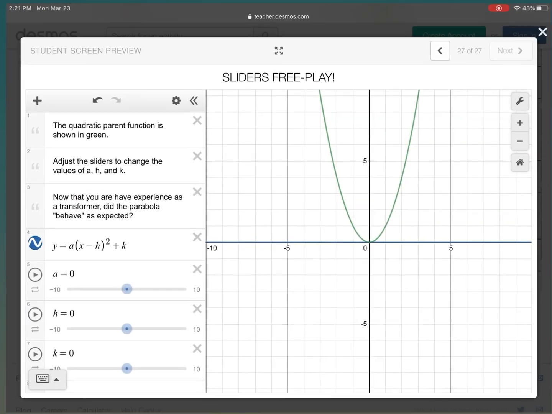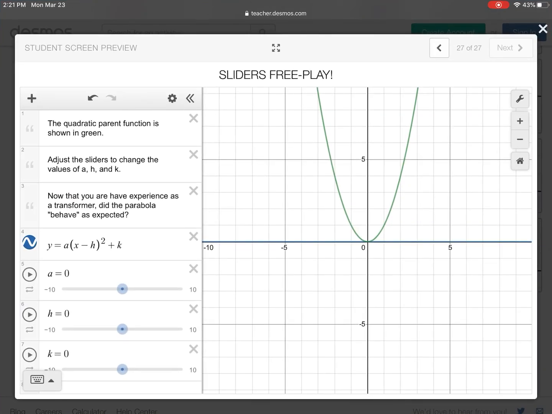So if you look at the end of your Desmos investigation, this little sliders thing was there. So you could play around with changing like the A value. So this is less than 1. So see the blue? The blue is the new graph, and then the green is the parent function of x squared.